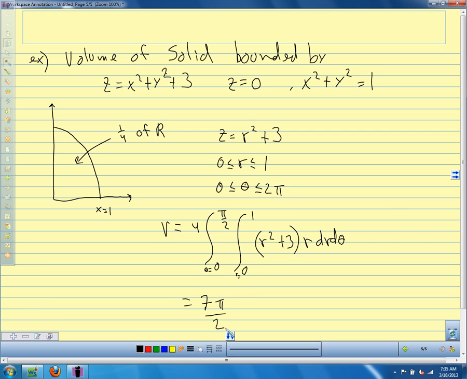All right, so let's do one more, a little more complicated example, and then we will be set.